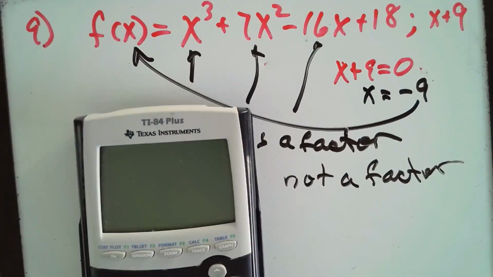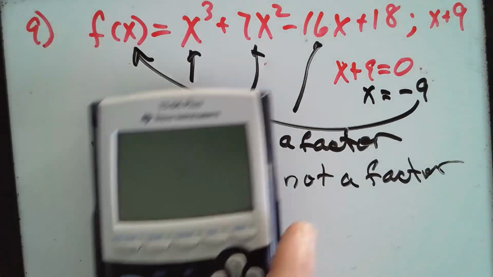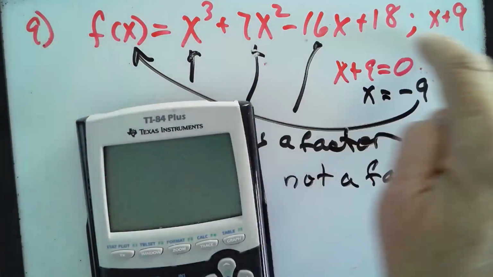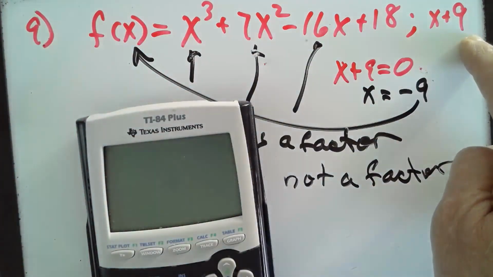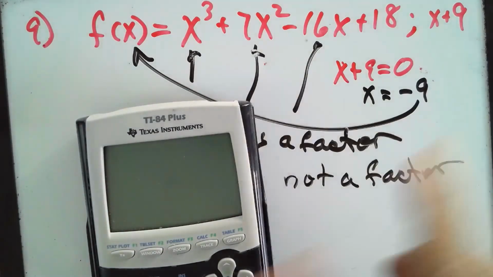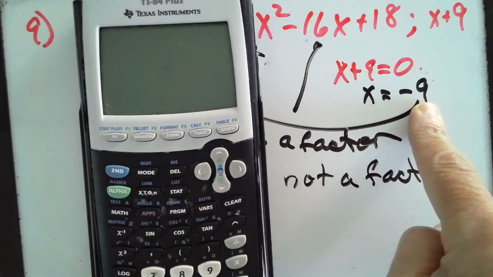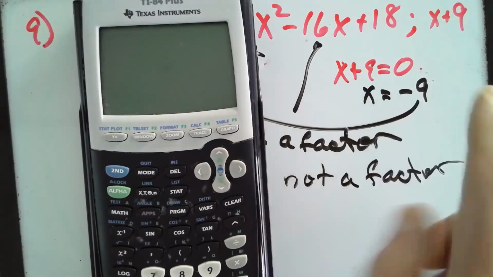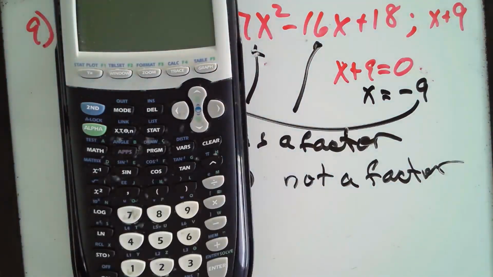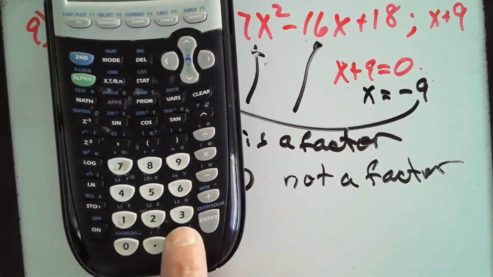Okay, and I'm going to show you a different way to apply this in your calculator. Instead of putting negative 9 in all this and putting in parentheses and all that, you put in the value that you're going to substitute, in other words negative 9, but you have to use the negative button down here.